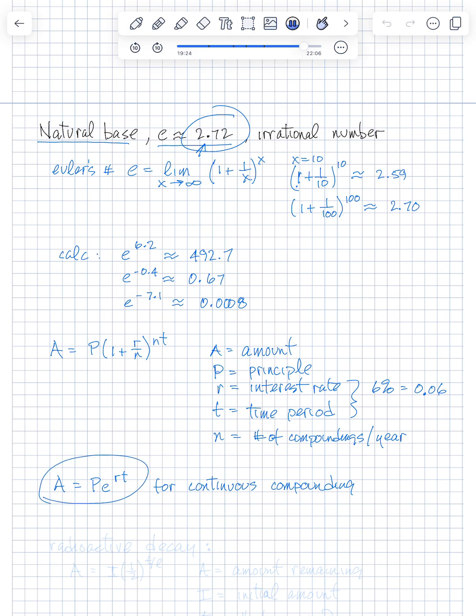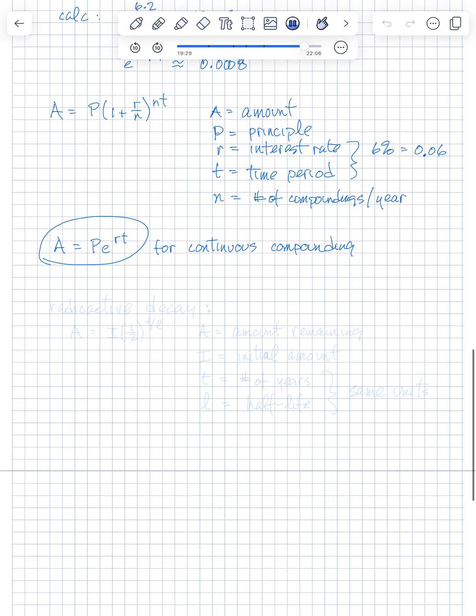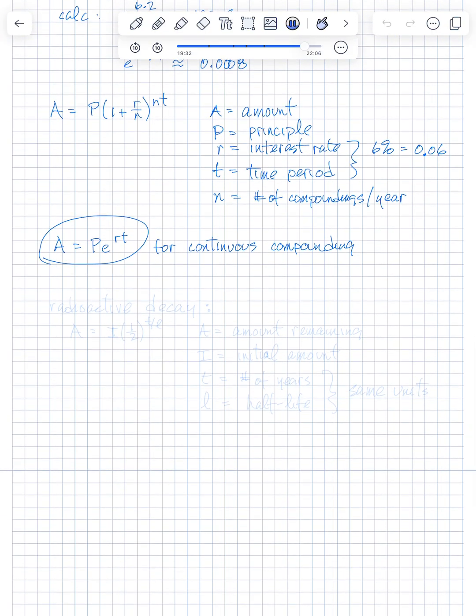And one more thing to talk about, we have some problems in radioactive decay. So these are elements or compounds that will decay. So instead of an exponential growth, it's an exponential decline.